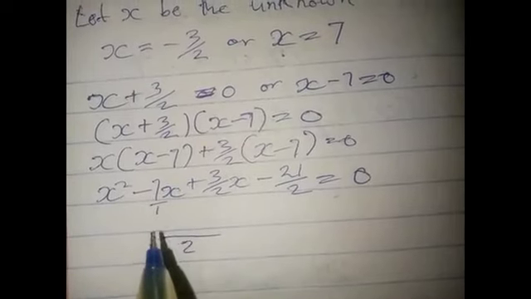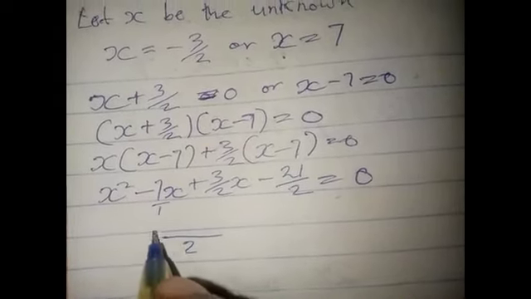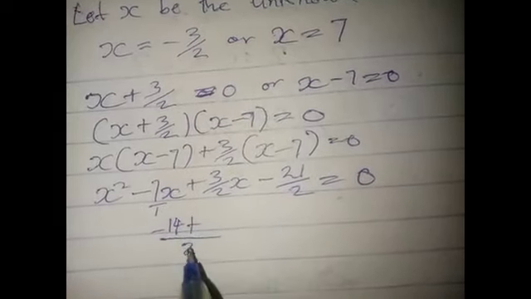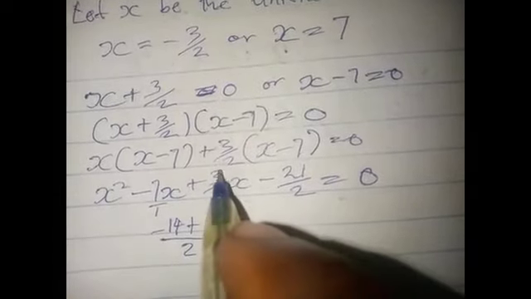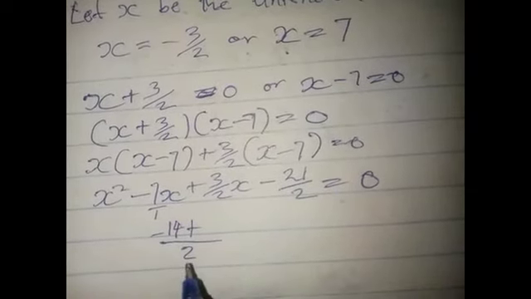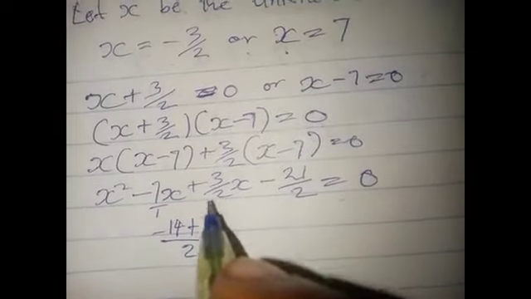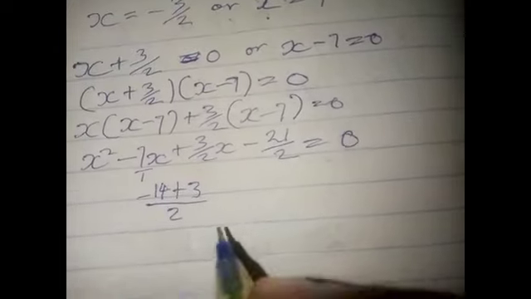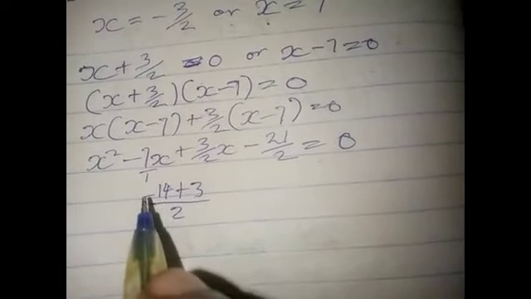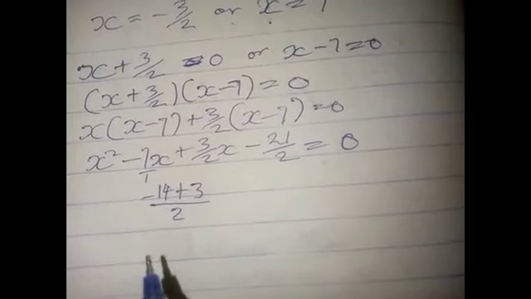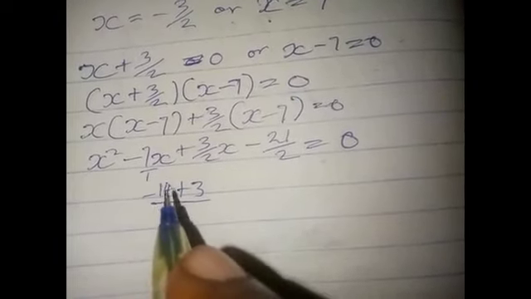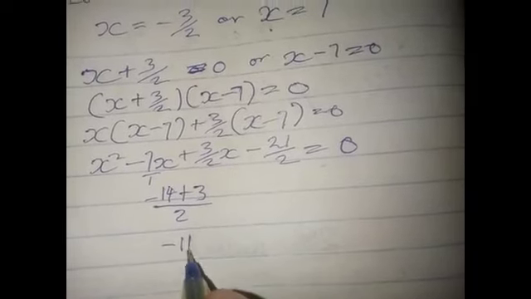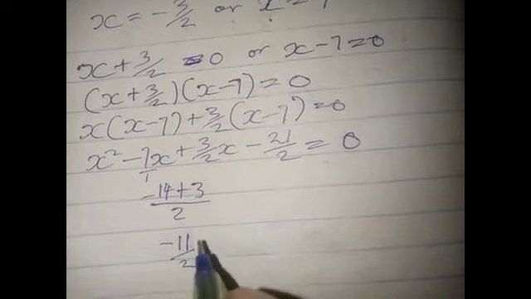So 2 times minus 7 is going to give us minus 14, plus 2 into 2 will go 1 times. So 1 times 3 is going to give us 3, right? So let's just solve this and add it up. Minus 14 plus 3 is going to give us minus 11 all over 2.